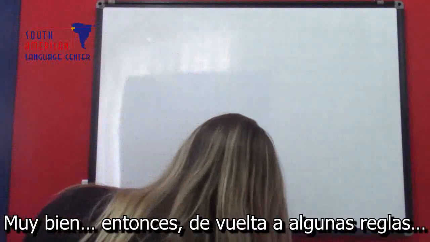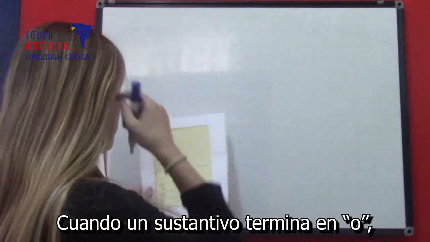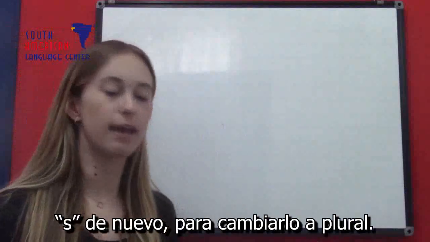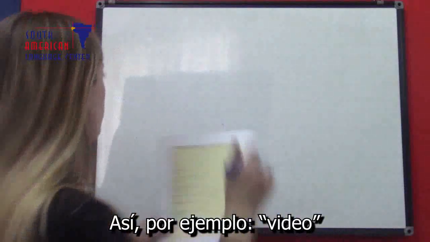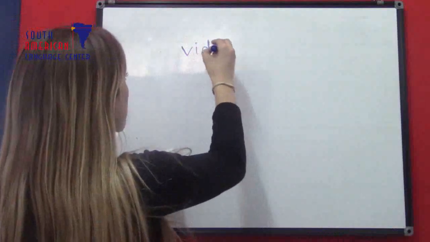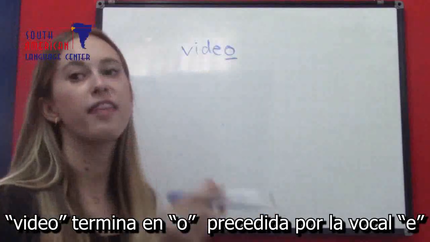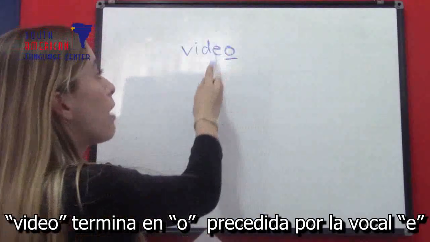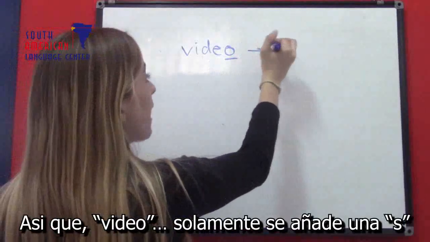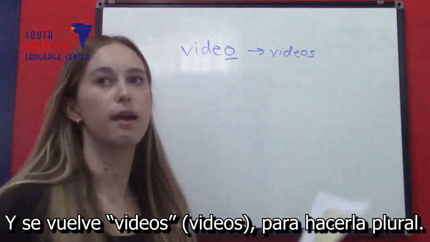All right, so back to some rules. When the noun ends in O, preceded by a vowel, we only add S again to make it plural. So for example, video. Video ends in O, and the O is preceded by a vowel, E. So video, you just add an S, and it becomes videos to make it plural.